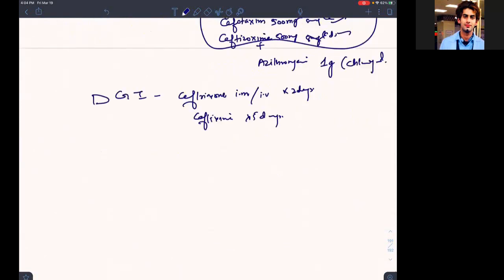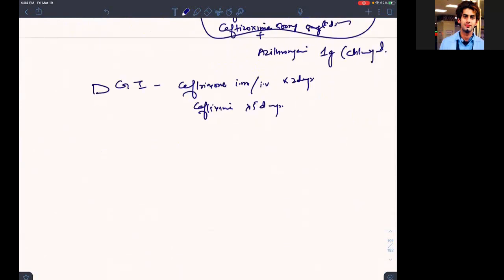Gonococcus can also cause meningitis. For gonococcal meningitis, the same drug, ceftriaxone IV for 2 weeks.